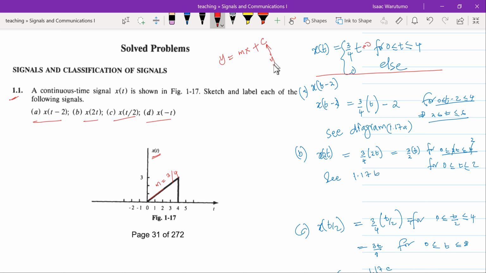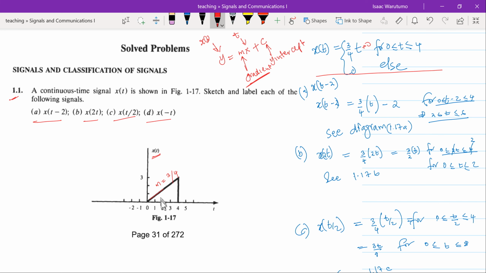Here c is the y-intercept and m is the gradient, and y is the dependent function, which in our case we are referring to as x of t, and our x-axis is now our time t. We can see that the y-intercept is 0 where the line cuts the y-axis, and therefore we can determine that our gradient is 3 over 4. That is how I've done it here.